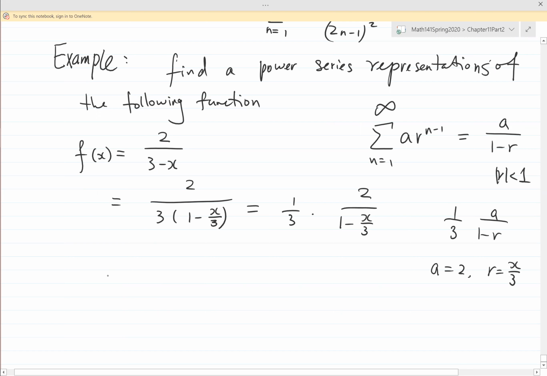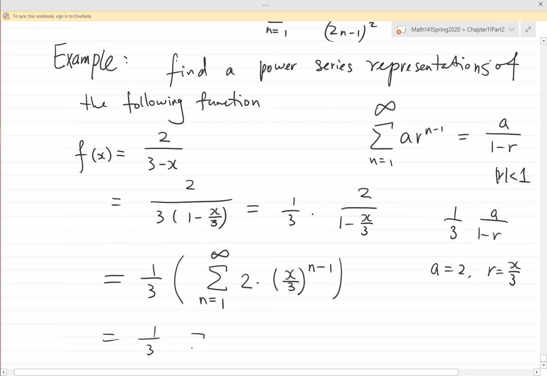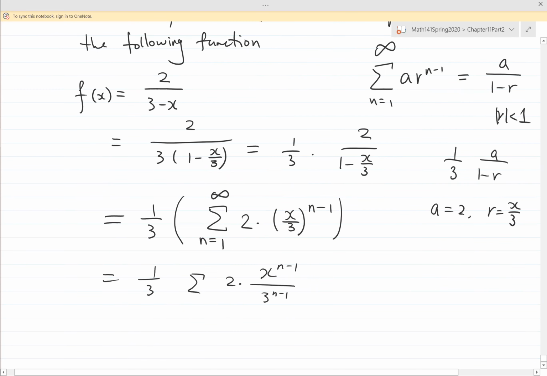Then you expand it. This is the 1/3 first. A is 2, and then r, x over 3, to the power n minus 1, n from 1 to infinity. If you simplify a little bit, this is 1/3 times 2 times x to the power n minus 1 over 3 to the power n minus 1, n from 1 to infinity.